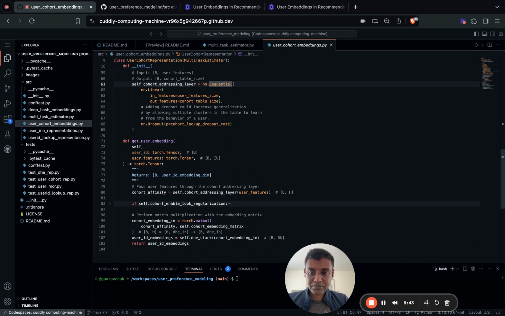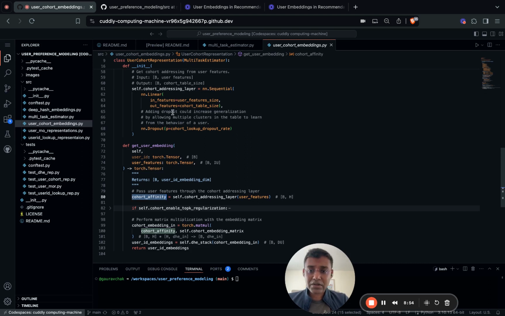Now, one thing you could do is to have softmax here. So this cohort affinity right now could be negative, but we could add softmax here to ensure that the output is somewhat like a probability.